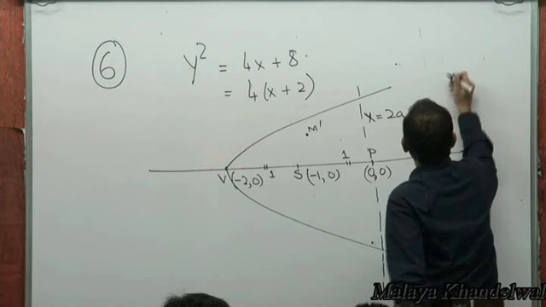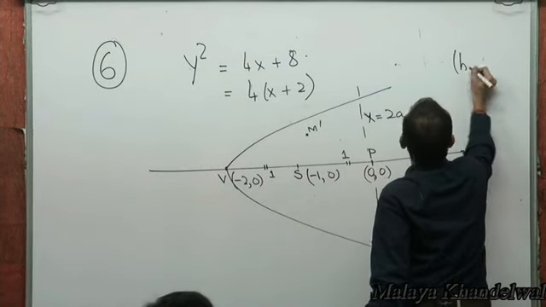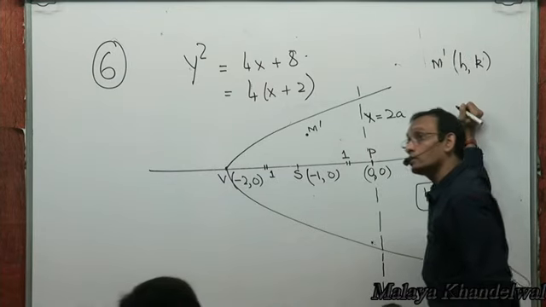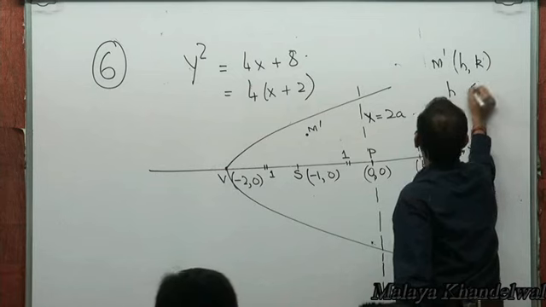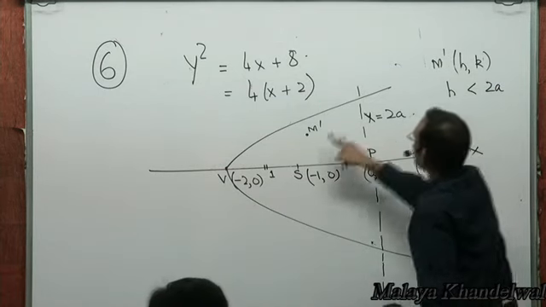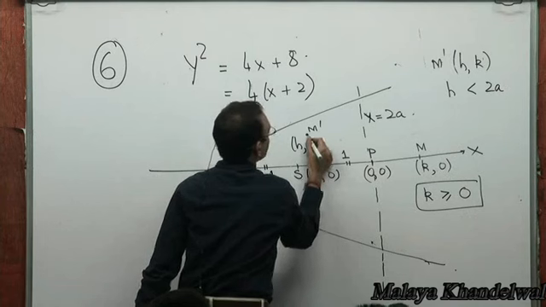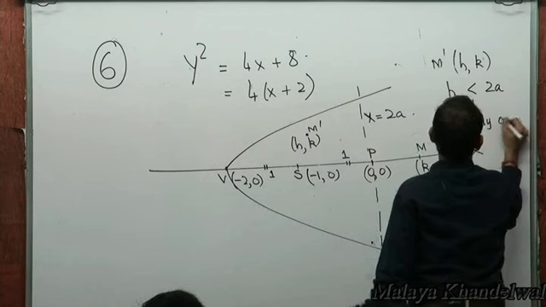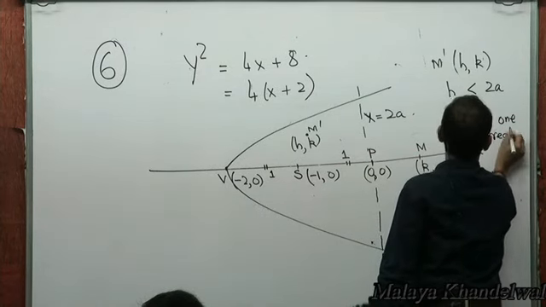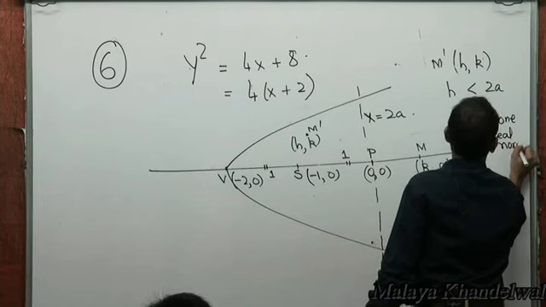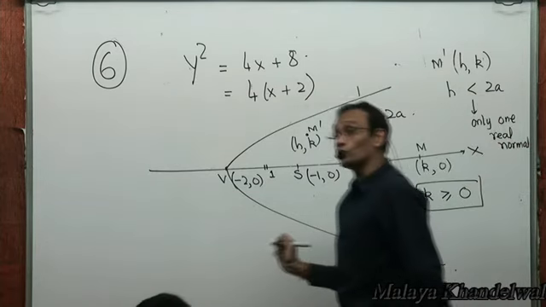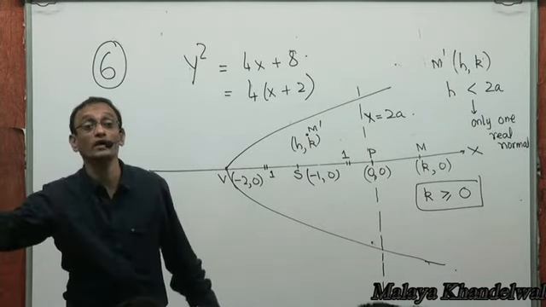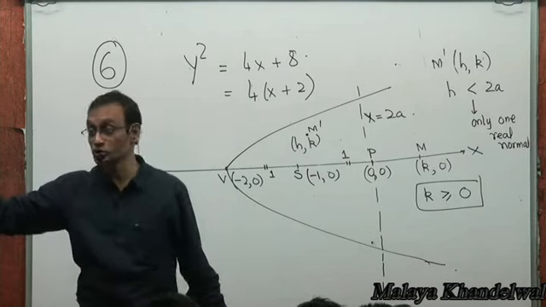So for sure, if there is a point h comma k, M prime h comma k, and if you select h less than 2a, then there is only one real normal. H greater than or equal to 2a may mean one real normal or all three real normals.